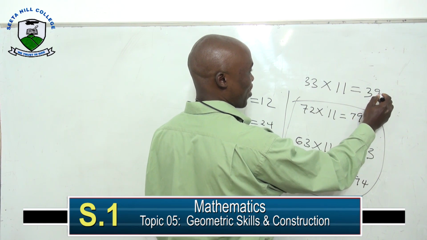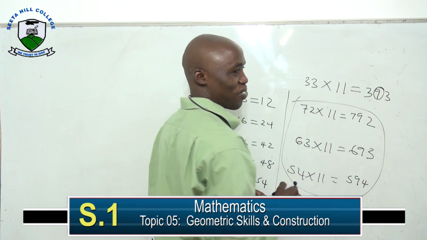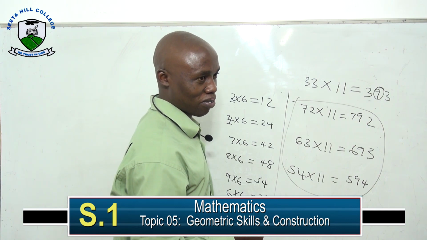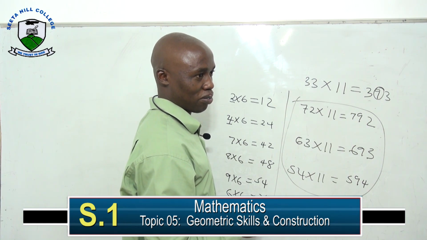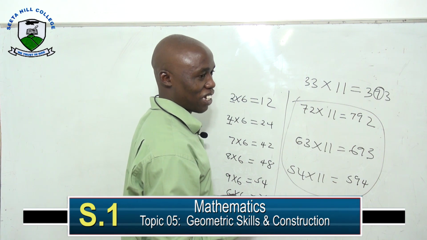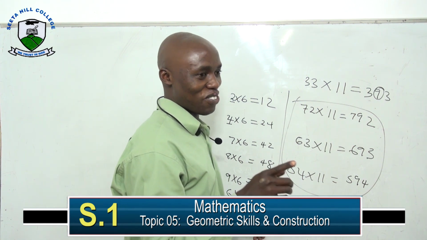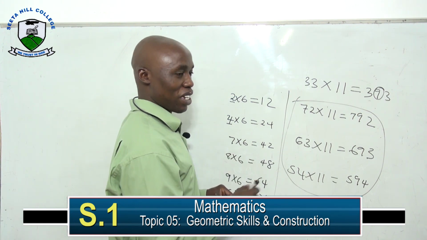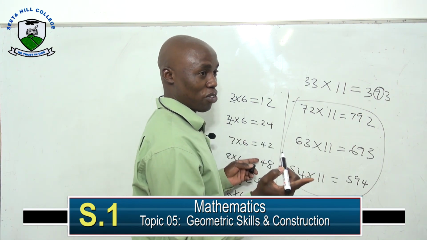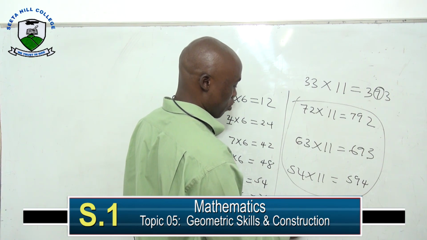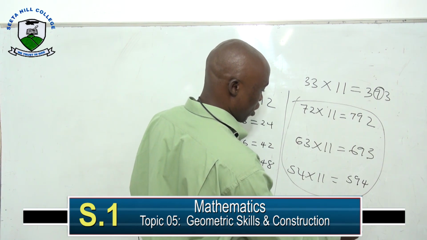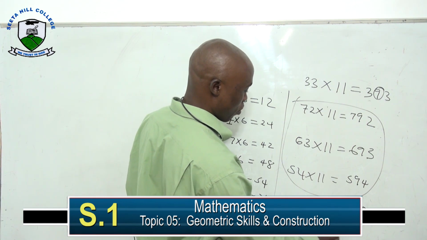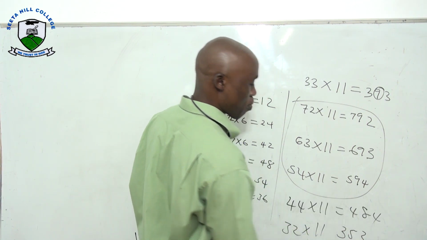363. That's you put the calculator down, not so, mentally. Let me give you without a calculator: 44 times 11, I'm getting 484. 32 times 11, I'm getting 352.